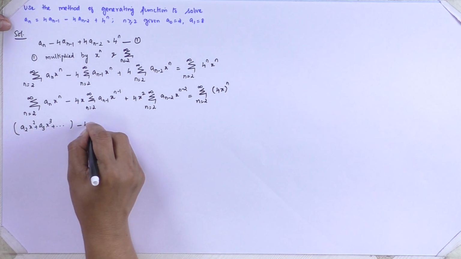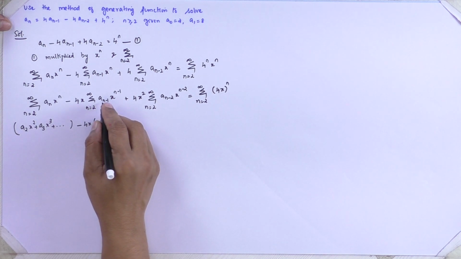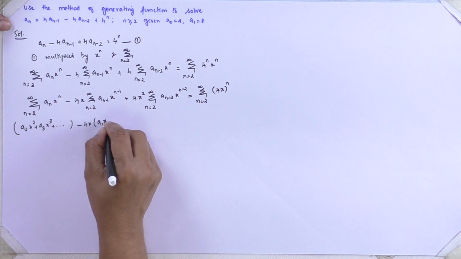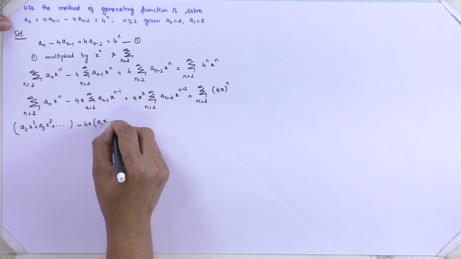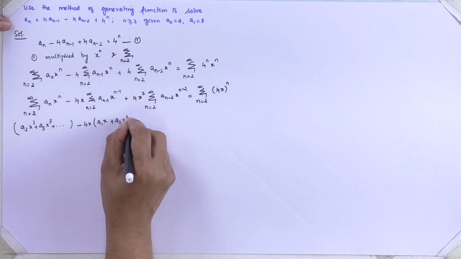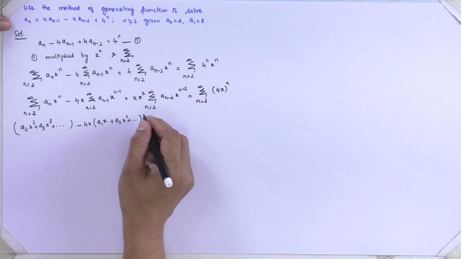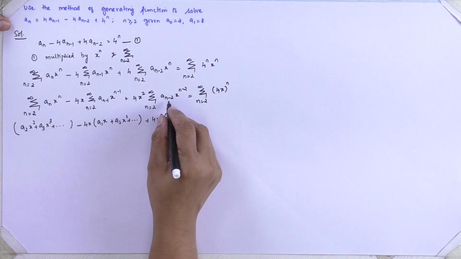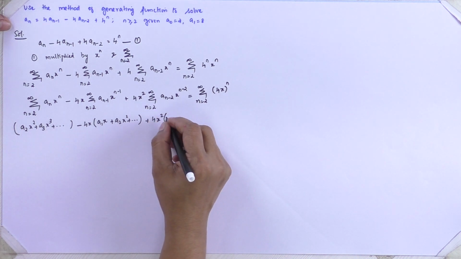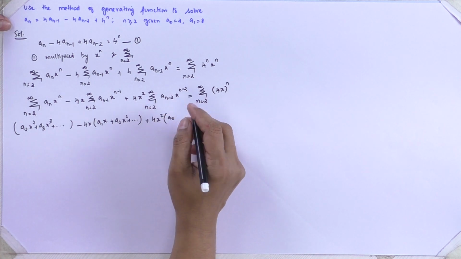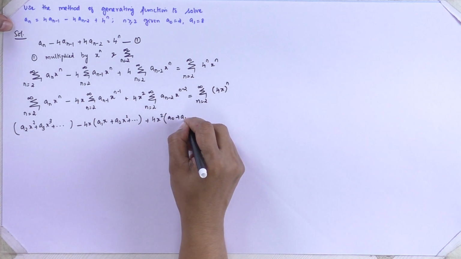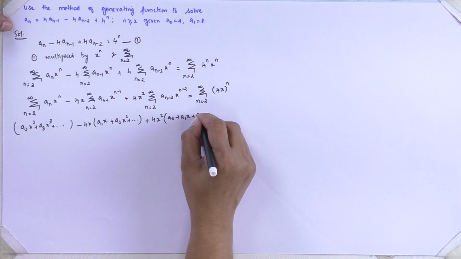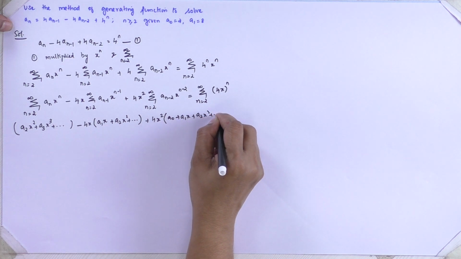Then minus 4x into, n is 2, a 2 minus 1, a1 x to the power of 2 minus 1, that is 1, plus a2x square plus so on. We will have plus 4x square into, n is 2, a naught, x power 0 is 1, plus a1x plus a2x square plus so on.